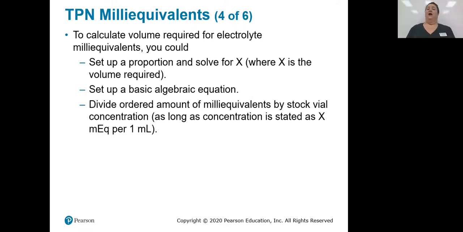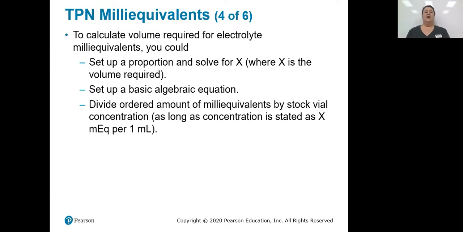But we are talking about the calculations. So when it comes to calculating the volume required for electrolyte milliequivalents, you can set up a proportion and solve for X, where X is the volume required. You can set up that basic algebraic equation, divide the ordered amount of milliequivalents by the stock vial concentration, as long as the concentration is stated as X milliequivalents per mL.